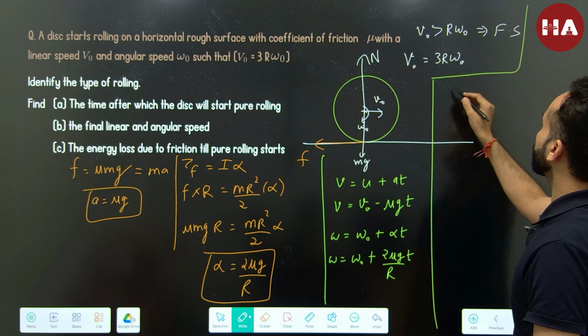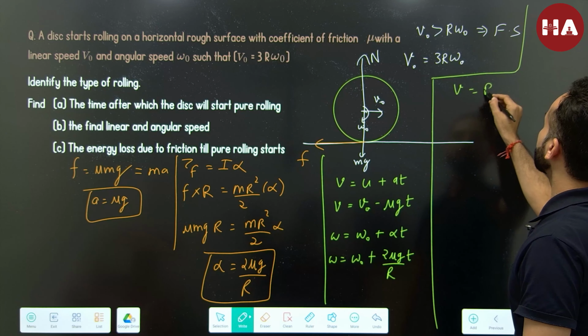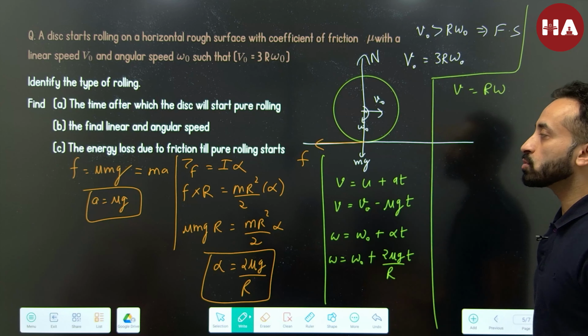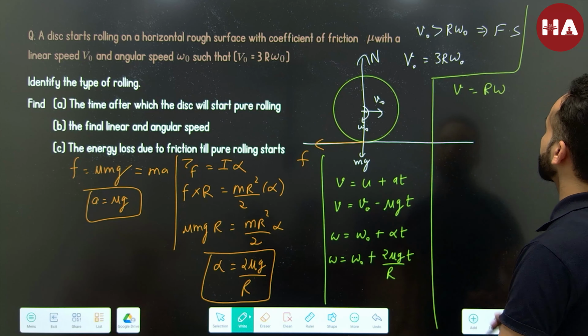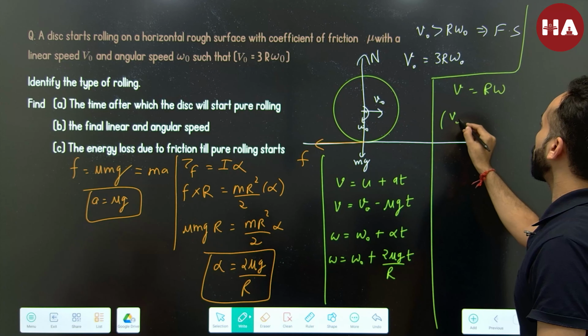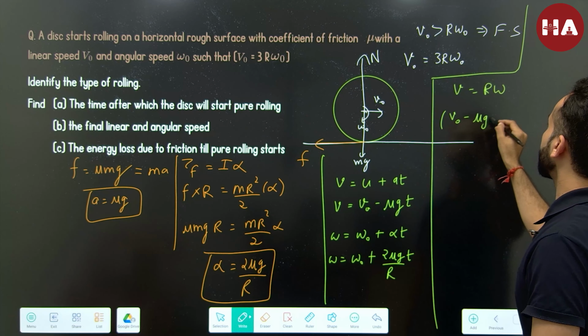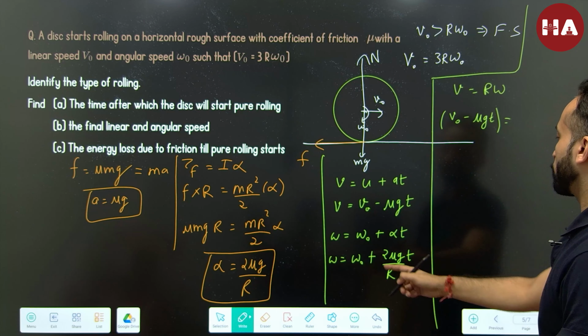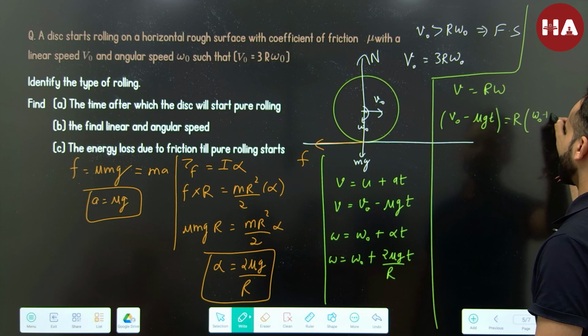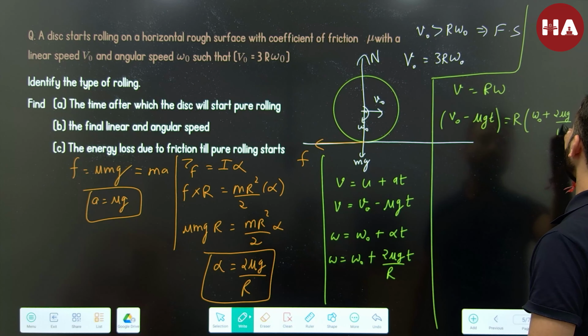When pure rolling will start, can I write v = r omega? Of course, yes. So what is the value of v here? V naught minus mu g into t. And what is the value of omega? Omega naught plus 2 mu g by r into t.